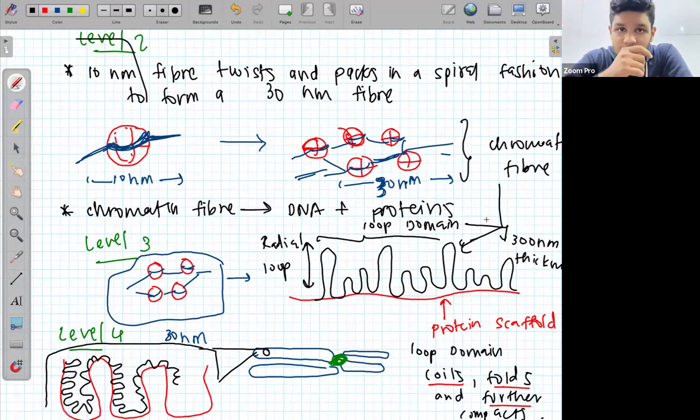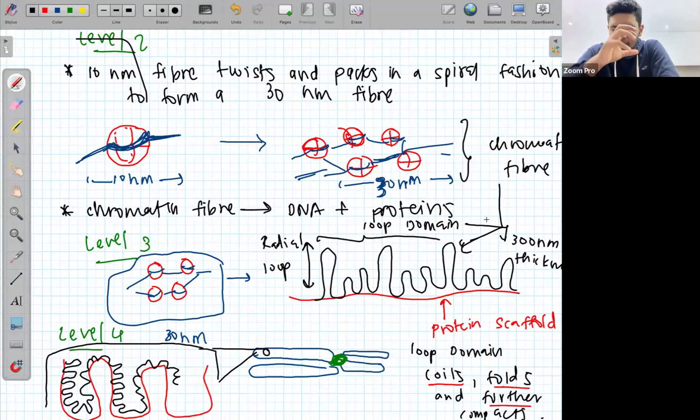In the fourth level, three things happen to the loop domains: they coil, they fold, and they are further compacted to form the mitotic chromosome. And they have said the sister chromatids are already replicated. You know where they are replicated, right? Sister chromatids are replicated in the S phase. And they are saying metaphase chromosome.